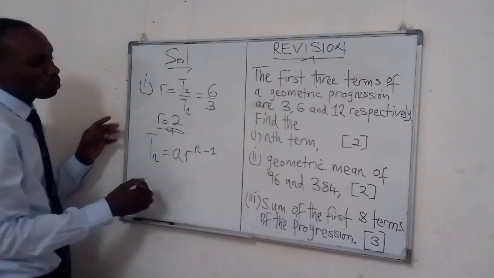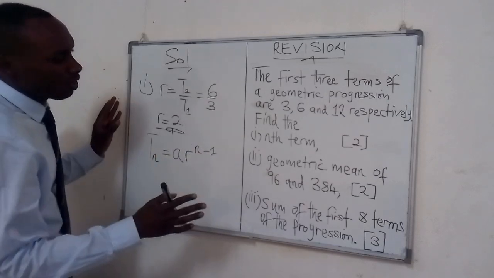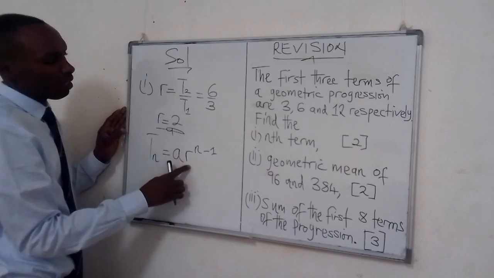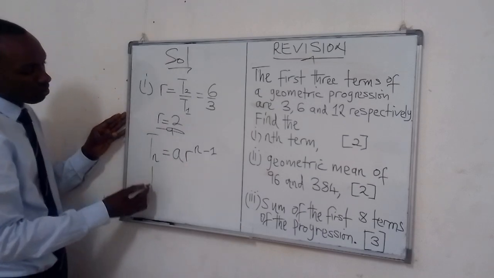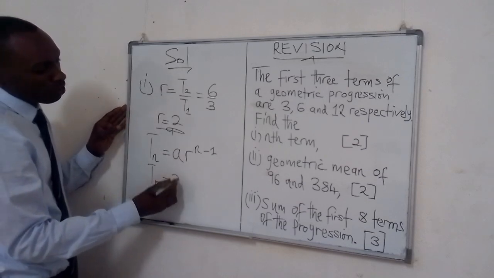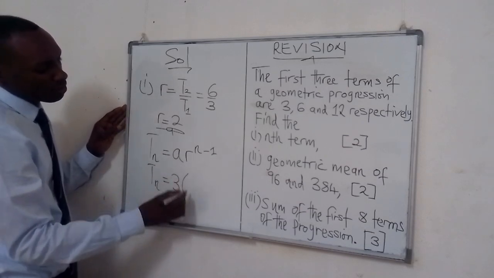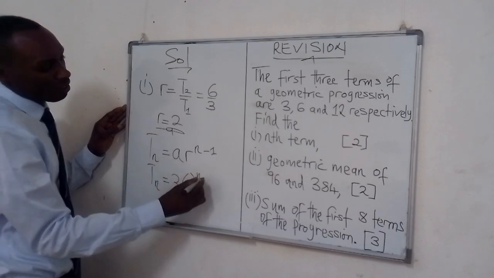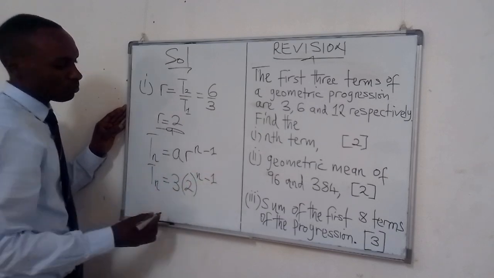Now we simply substitute A and R: Tn equal to 3, then R, which is 2, to the power n minus 1.